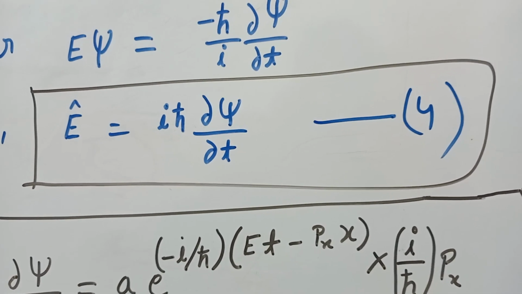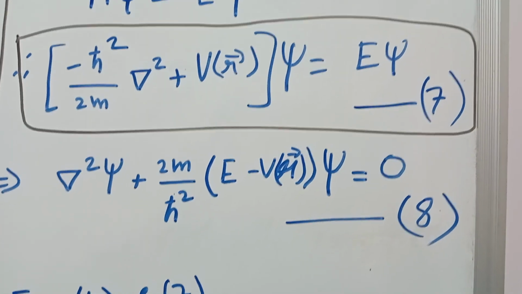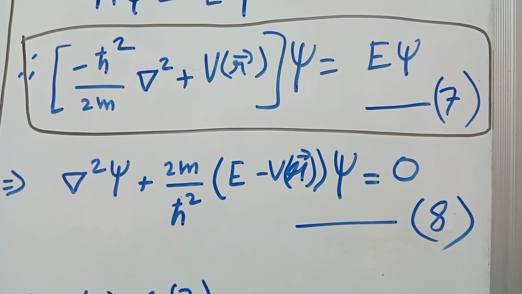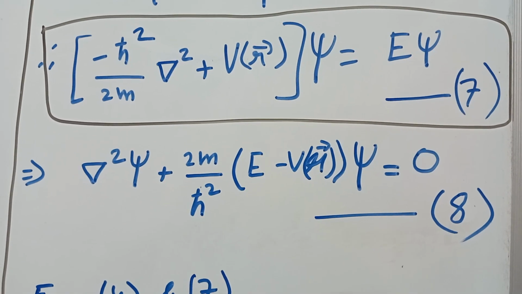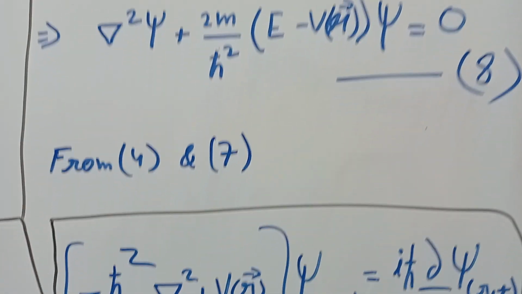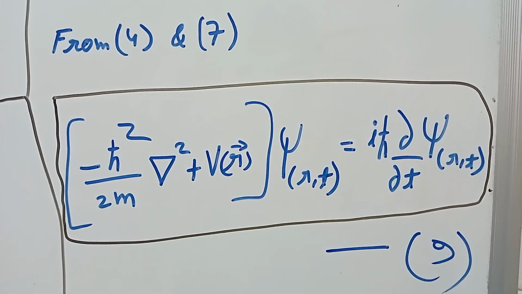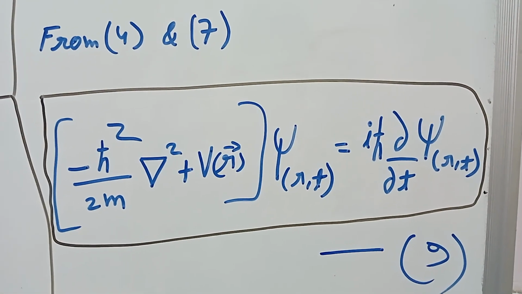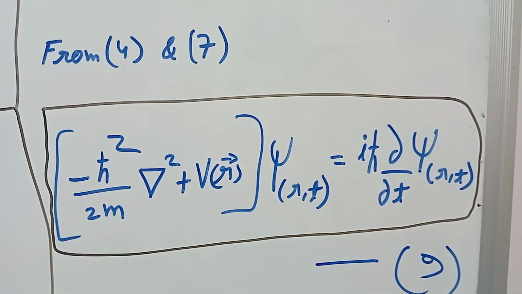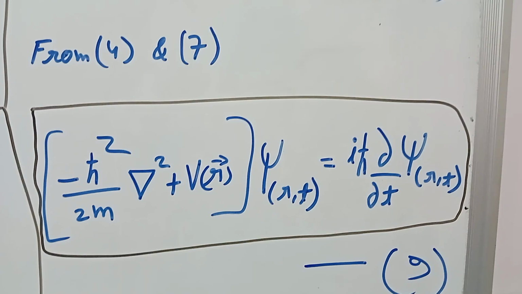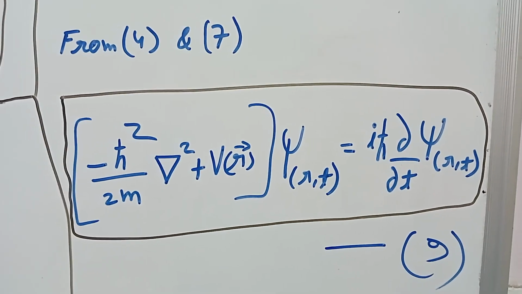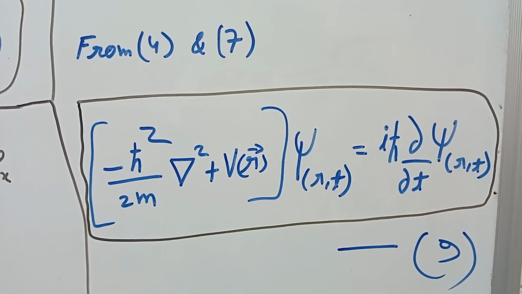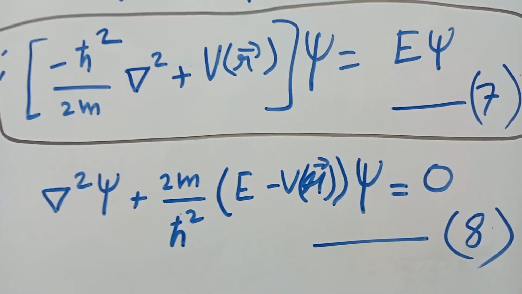Using this in equation number 7, using here the energy operator value, we get a new equation: minus h cut square by 2m del square plus V(r) psi(r,t), which is a function of r and t, equal to i h cut del by del t psi(r,t). So this equation is the time dependent Schrodinger equation, and this is the time independent Schrodinger equation.